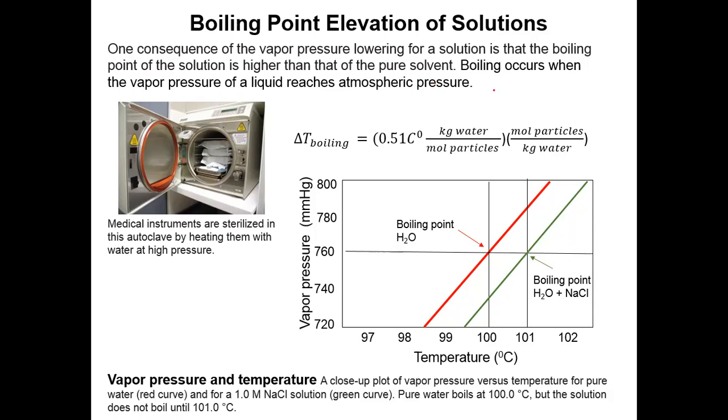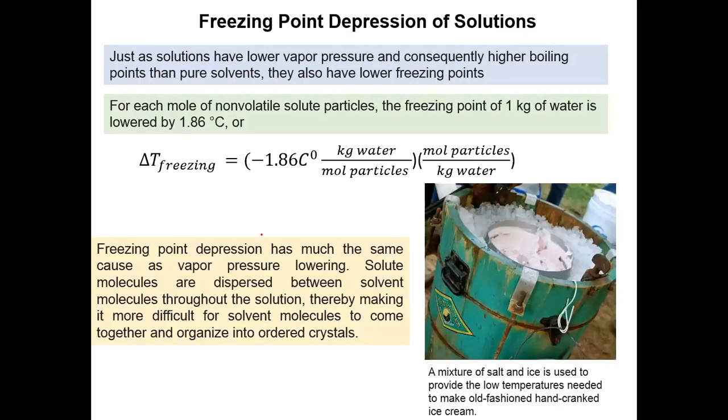See here, the boiling point of H2O is over here, and it's 100 degrees, but the boiling point of H2O plus NaCl is over here. It's 101 degrees. And it's the same thing for freezing.